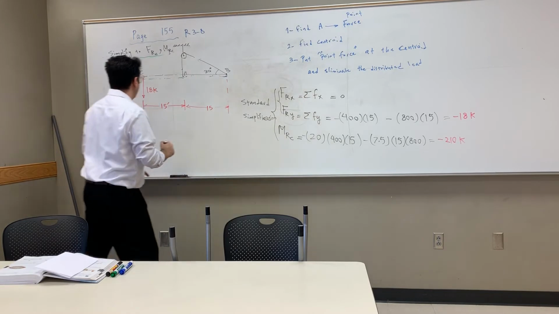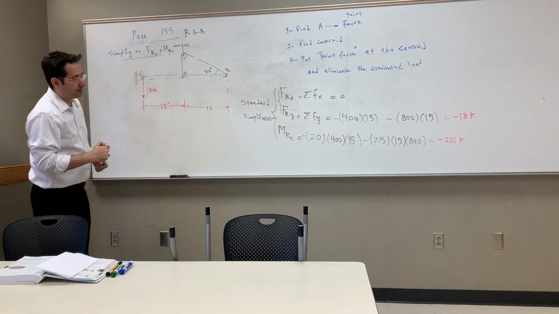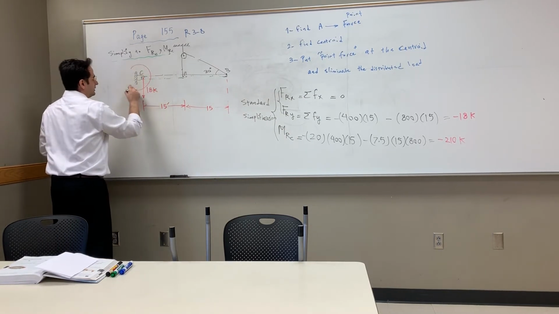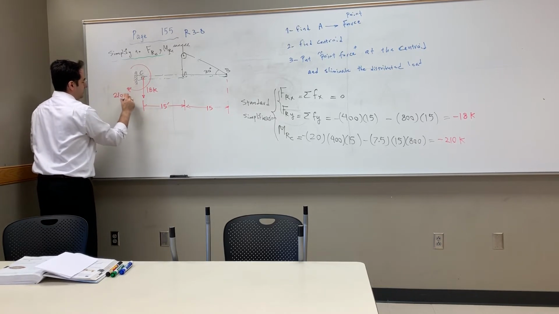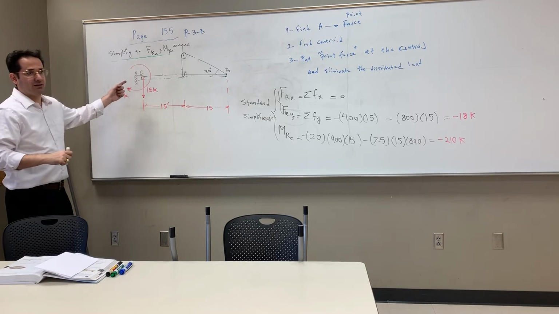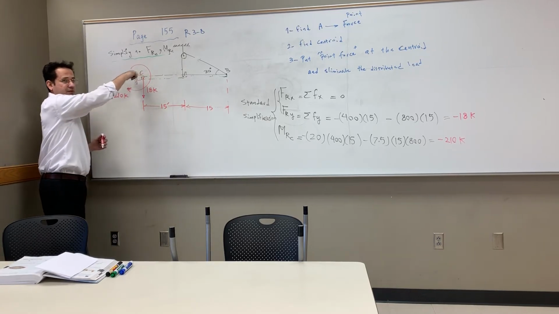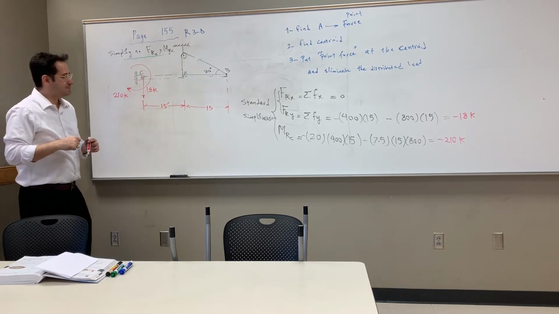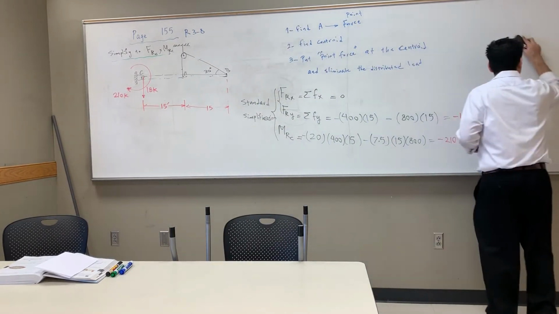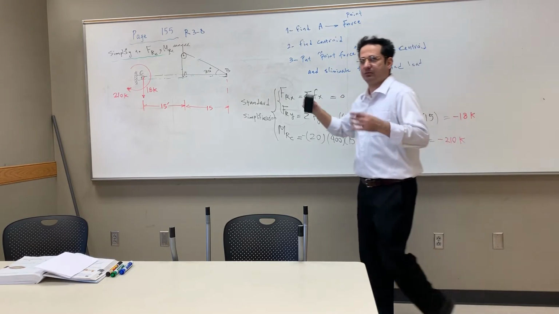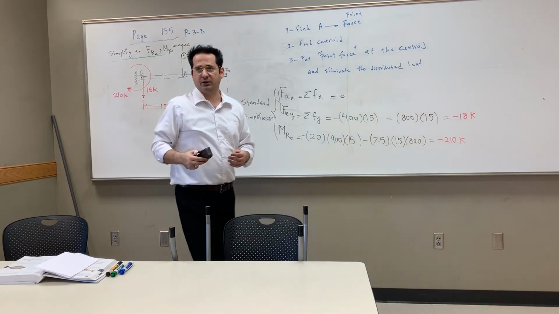So we just get the Y component, 18K, and one moment, 210K. And it's negative. See? So this is the simplified version, the standard simplified form of loading on a system.